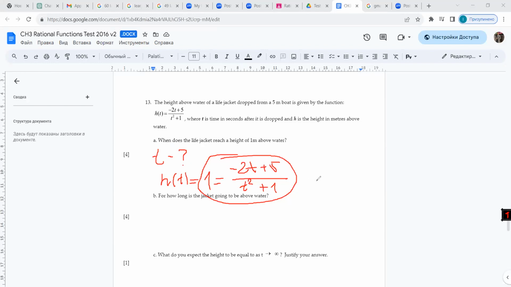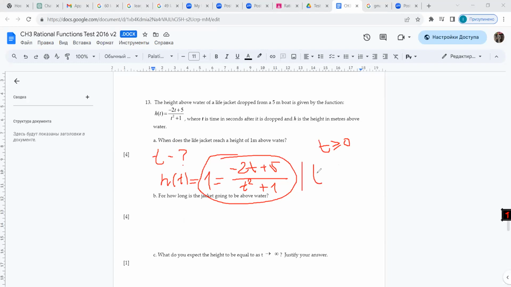So what we're going to get here is, first of all, we have to state that time is going to be greater than or equal to 0. Now we have to solve 1 equals negative 2t plus 5 over t squared plus 1.